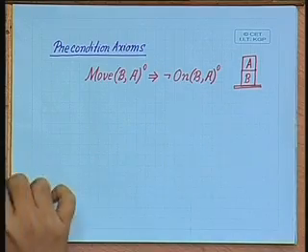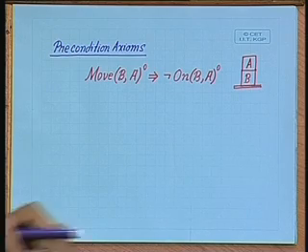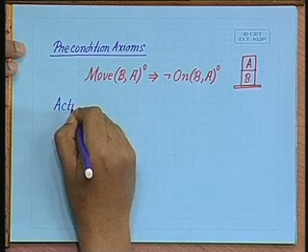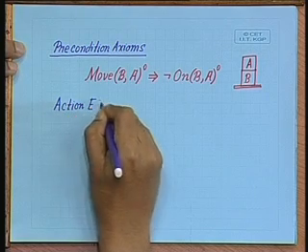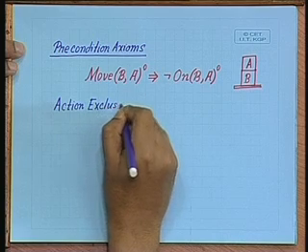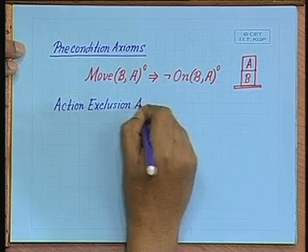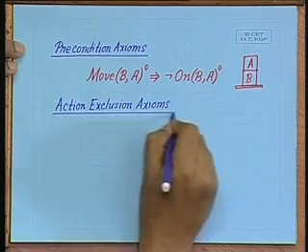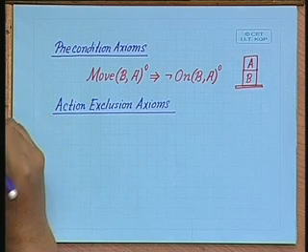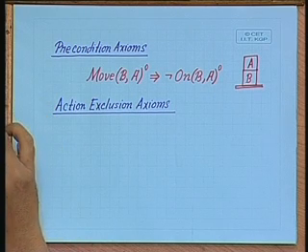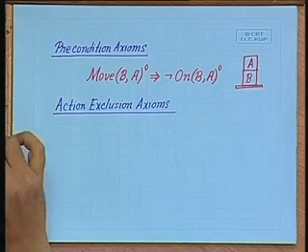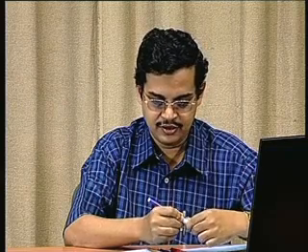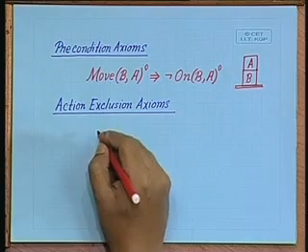Okay. So, in addition to this, there will be a bunch of other things also, like we will have action exclusion axioms. Now, this basically tells us which actions are mutex. So, for example, let me write down one action exclusion axiom.